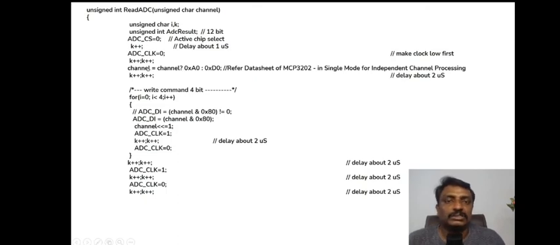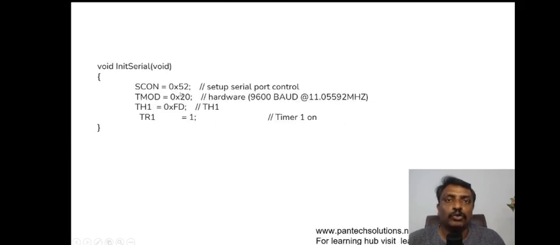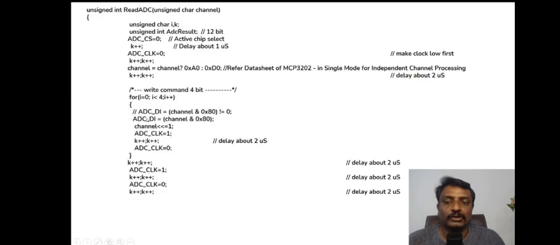Then you have to set the channel. If the channel is 0, you get A0, and you have to send the 4 bits in ADC_DA. For the channel, 0x80 has the MSB as 1 if you check the binary value of this hex value 80.